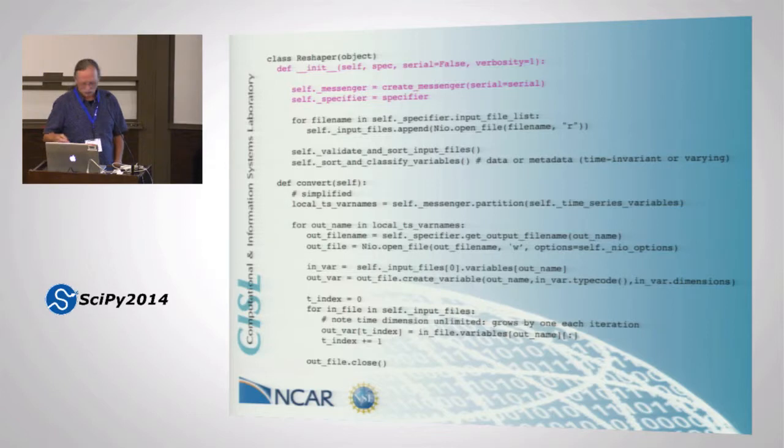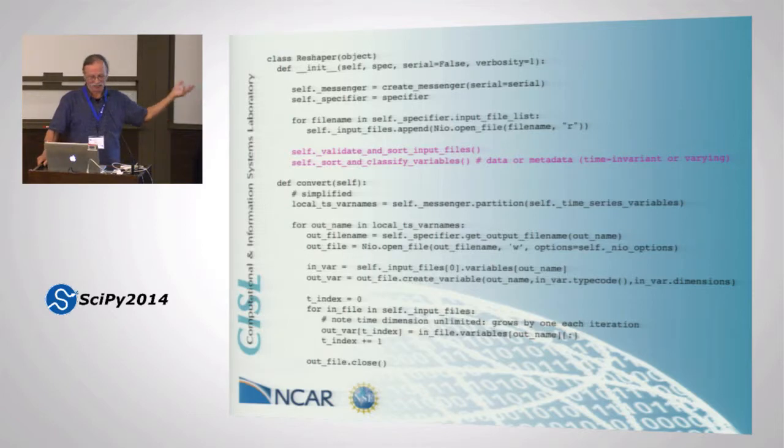So now here's the Reshaper, which actually does the work. First it initializes a messenger, and then it reads all the input files and puts them in a list. It just opens the files, puts them in a list, and then it sorts the input files and classifies them. It's not just the data variable itself, there's also metadata, which I'm not putting in here.